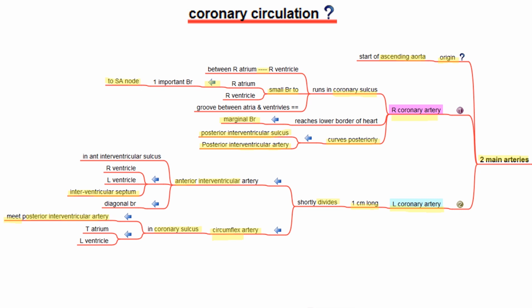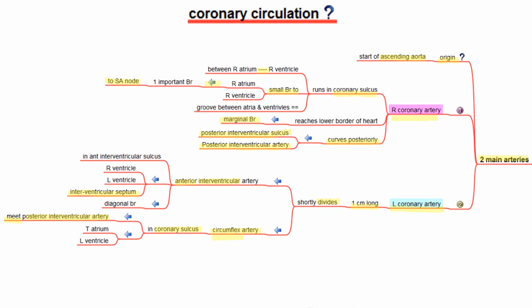Now, what is the story of the left coronary artery? The left coronary artery is short. It is around 1 centimeter long, and very soon it is going to divide and give two main branches. The first is the anterior interventricular artery, which of course runs in the anterior interventricular groove.